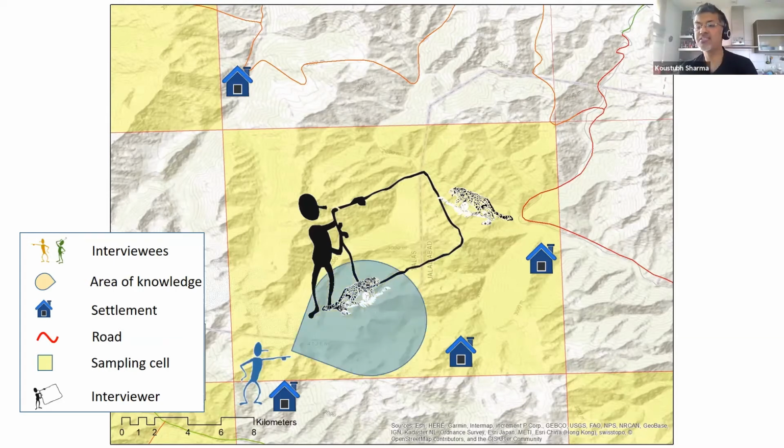These people became his surveyors, so he would ask them which area they use. They would say, okay, I use this part of the landscape. And then he asked them, have you seen a snow leopard in the last 1 year or so?